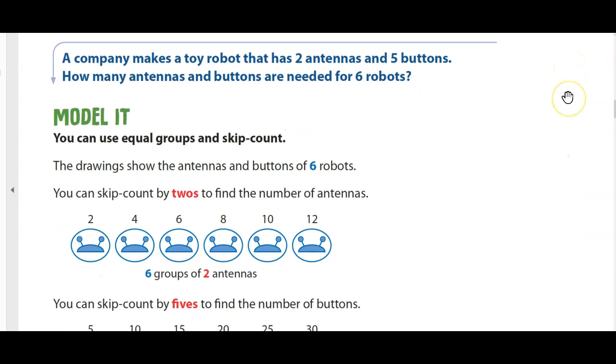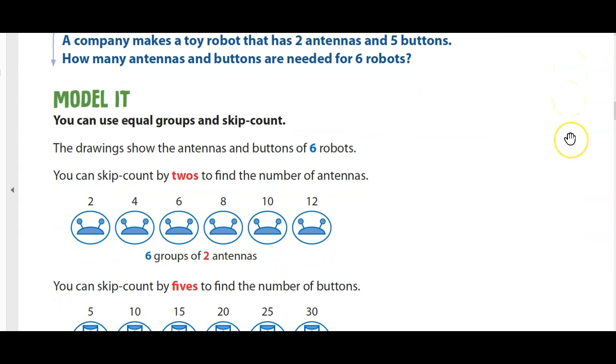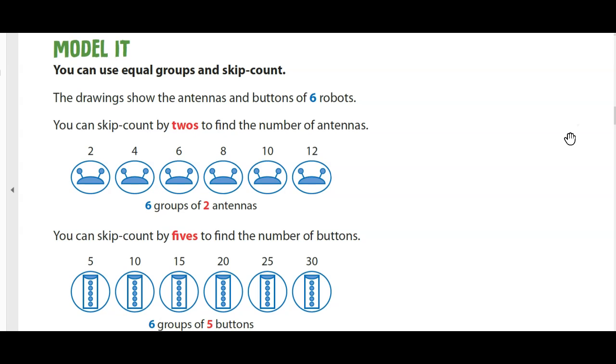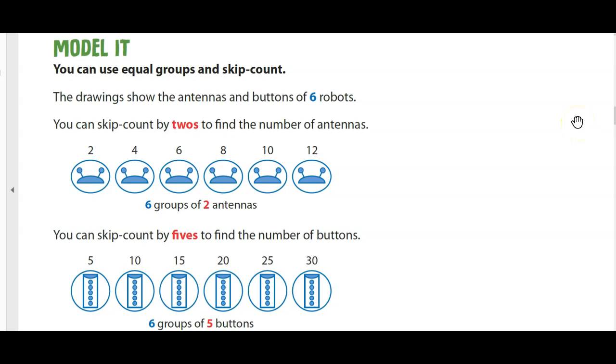Go on to the next page. And here's what they did. A company makes a toy robot that has 2 antennas and 5 buttons. How many antennas and buttons are needed for the 6 robots? And here you are. Here are the antennas. And they skip counted by 2s, right? Look, 2, 4, 6, 8, 10, 12. So 6 groups of 2.